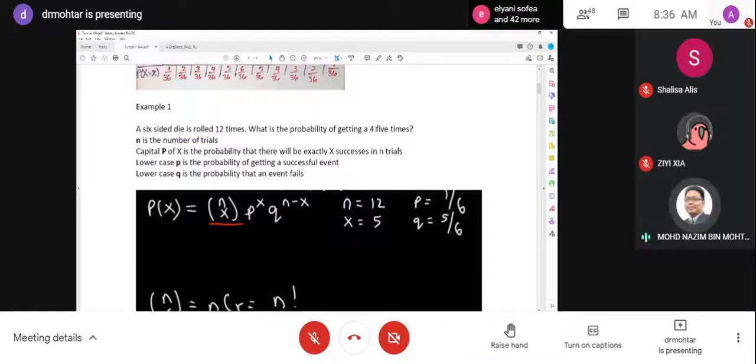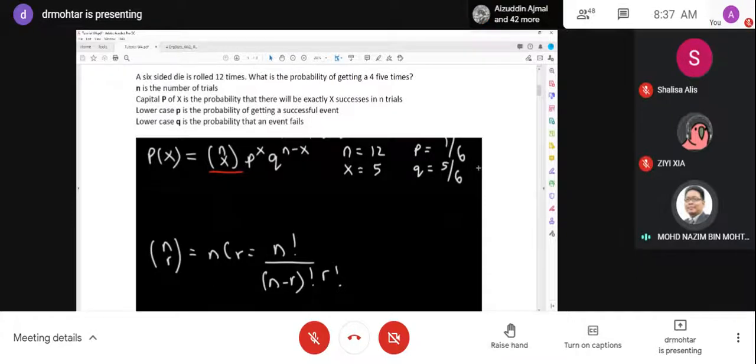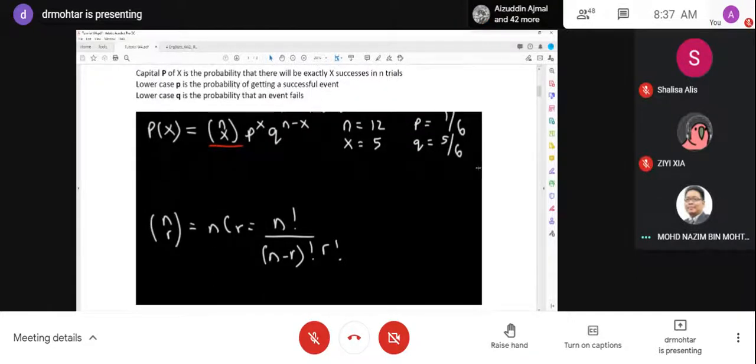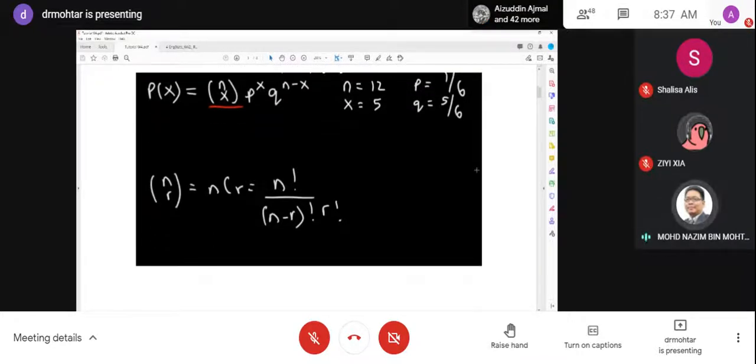We want to succeed 5 times, so x equals 5. In each trial, how many successful events? Only one, because it is six-sided. So 1 out of 6 is the probability of a successful event, and q is the probability of a failed event, so it's 5/6, right? So that is the formula.